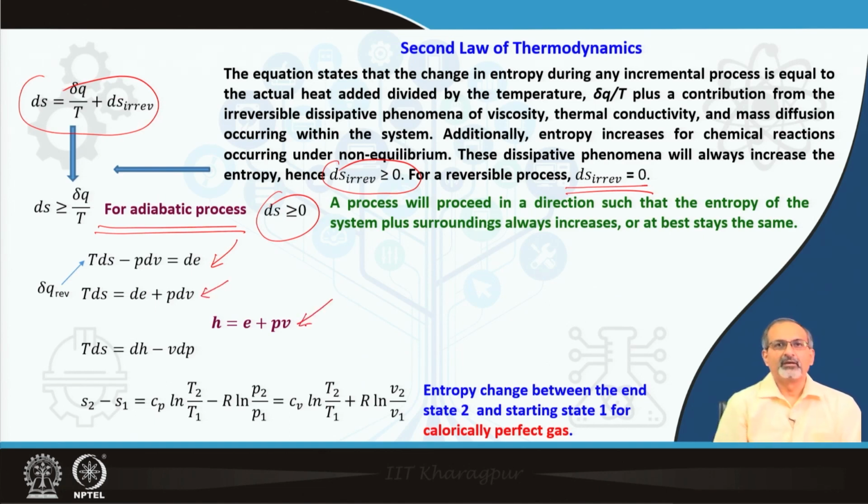If you bring in the definition for specific enthalpy, then it can be represented in terms of enthalpy, and then if integrated between states 1 and 2, you end up getting an expression for the change in entropy. We have made the assumption that the gas is calorically perfect for doing these calculations.